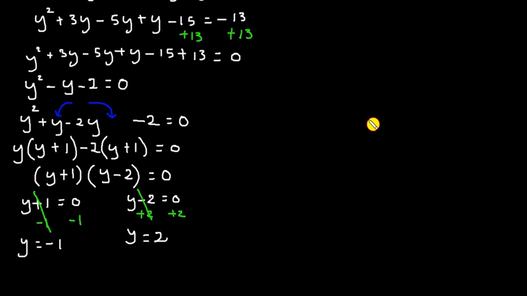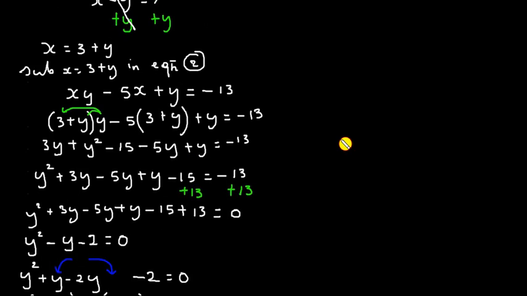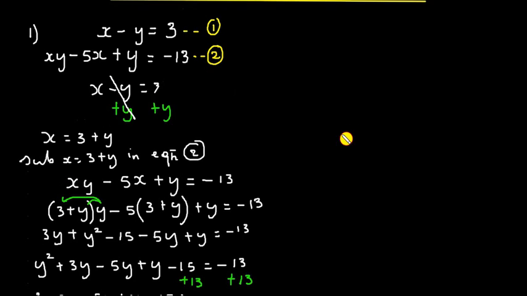But we have a problem. Hey, what is the problem, Doc? The problem is that we still have to find the value of x. And let us do just that. Alright. So, we know that y is minus 1 and y is equal to 2. So this is what we will do now.